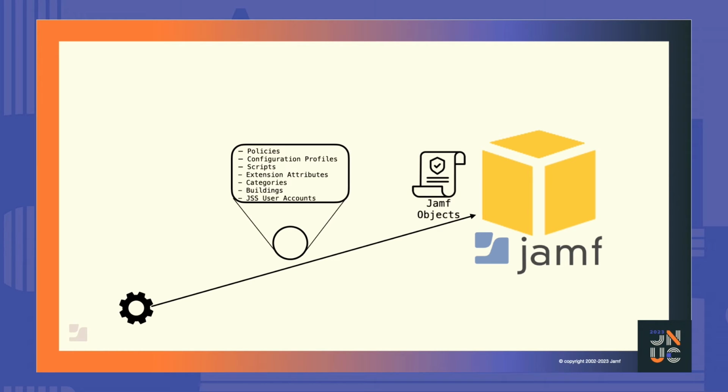It is going to make an API call to the Jamf instance to retrieve all those objects that are in there. It's going to use an API GET call to the object endpoint based upon the available objects. So we can get scripts, extension attributes, configuration profiles. All of those API endpoints are named very specifically.